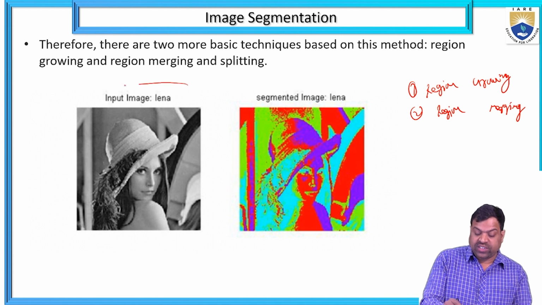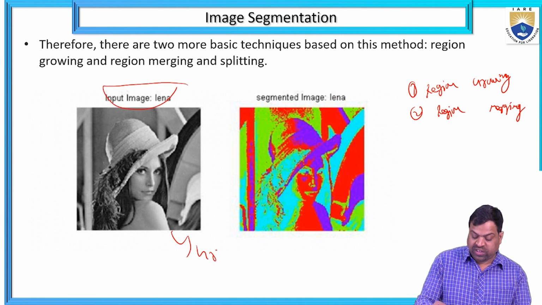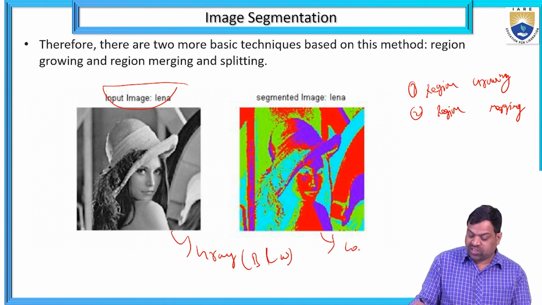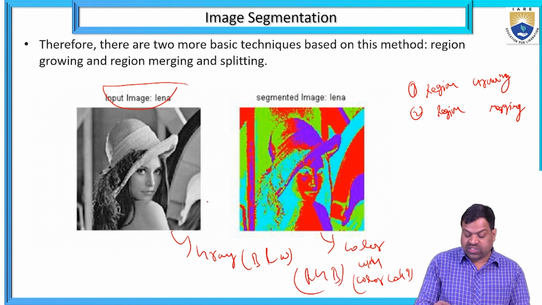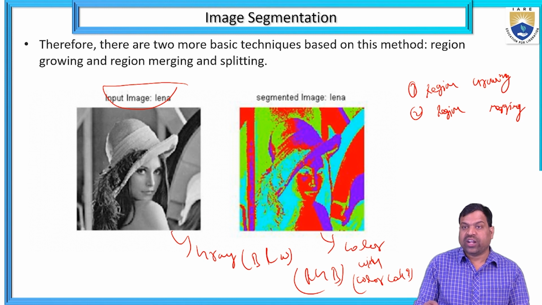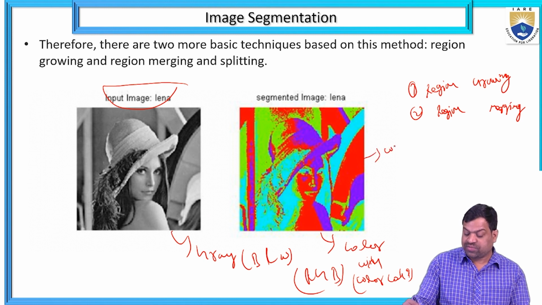We can see here an input image in gray, that is black and white, and it is converted to a color image with color codes red, green, blue. So this gray is converting to color with the segments.